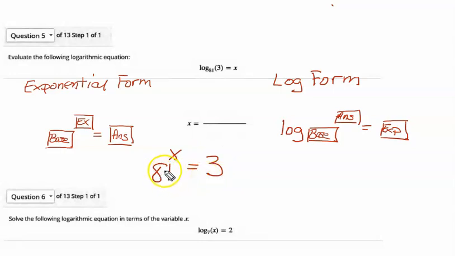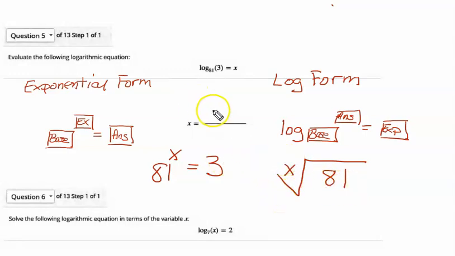Well, whenever our base is larger than the answer, we know our x value, our exponent, has to be some sort of fraction. And there are a number of ways of doing this. We can think of this exponent here as the index number. And what index number would result in what root of 81 to give you 3?